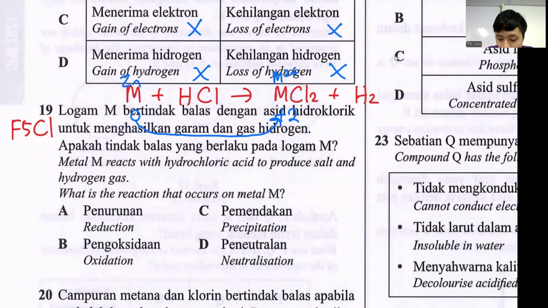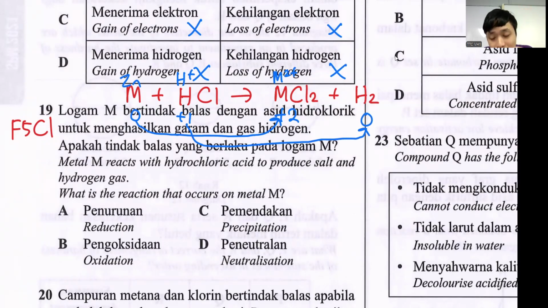And then meanwhile hydrogen is different. In hydrochloric acid, the H is H plus, but the H decreases in oxidation number from positive 1 to 0. See, I told you just now, right?